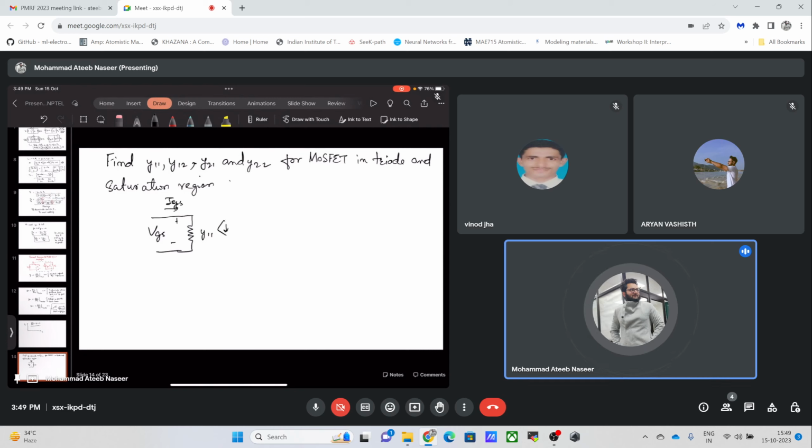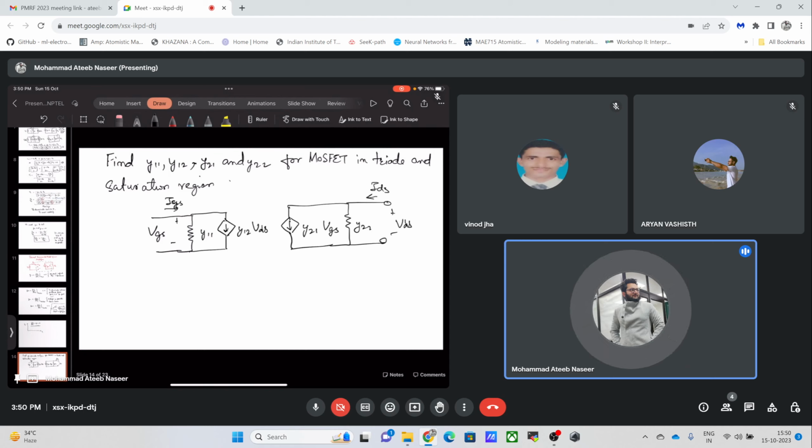This is y12, which will be dependent on the output VDS, and this is our Y21, which is dependent on the incremental signal at the input. This is Y22, this is the IDS, and this is the VDS, simply.